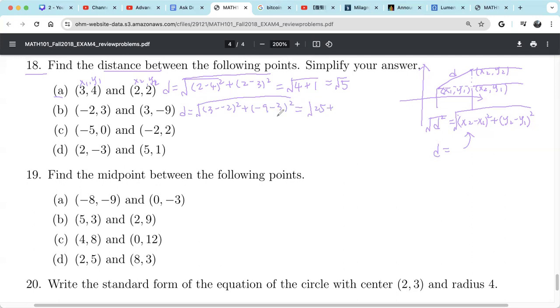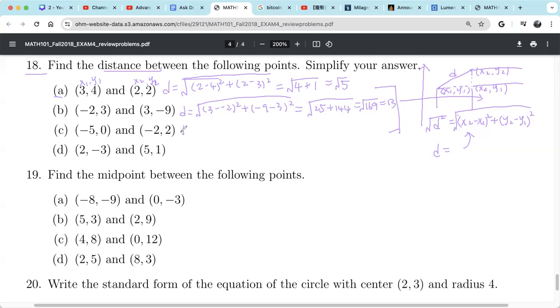Negative 9 minus 3 is negative 12. Negative 12 squared, 144. So 25 plus 144, 169. The square root of 169 is 13. So this is a perfect square because 13 squared equals 169.